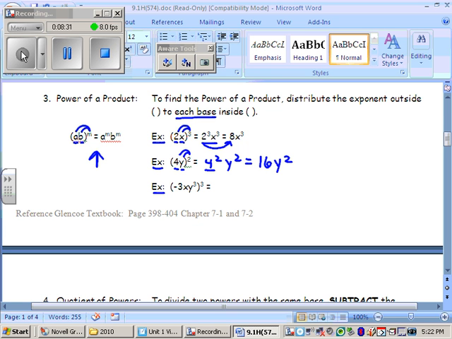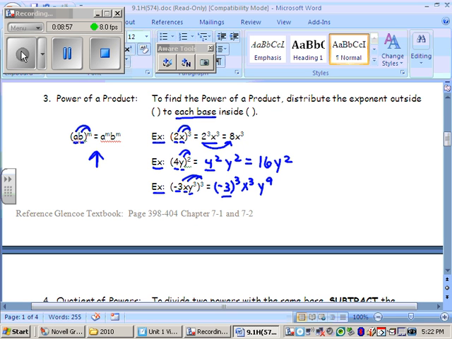In this last example for power of a product, you have 3 bases, -3, x, and y, inside parentheses. So the 3 needs to be distributed to all 3 of those bases. So we will have -3 raised to the 3rd power, x to the 3rd power, and then y to the 9th power because we're multiplying the 3 times the 3 that's already there.